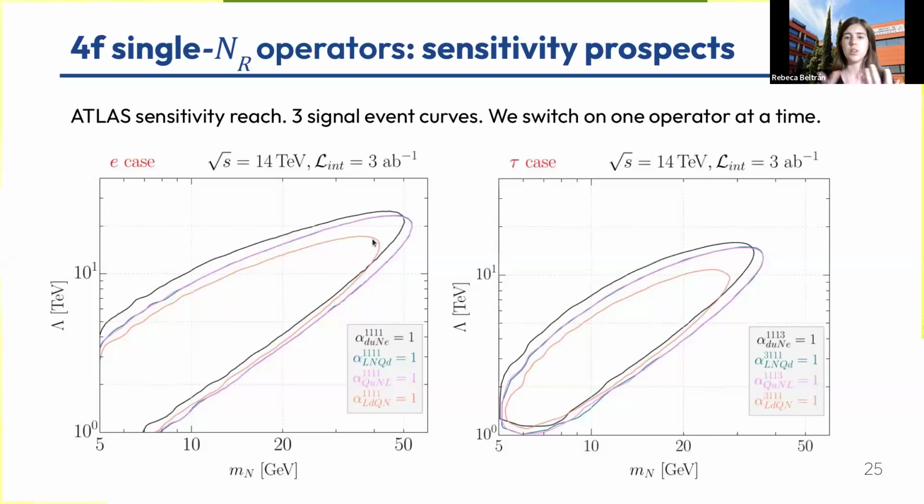As you said, this is related to the PDF of these second generation quarks in the proton, but there were not so many differences with respect to the first scenario.